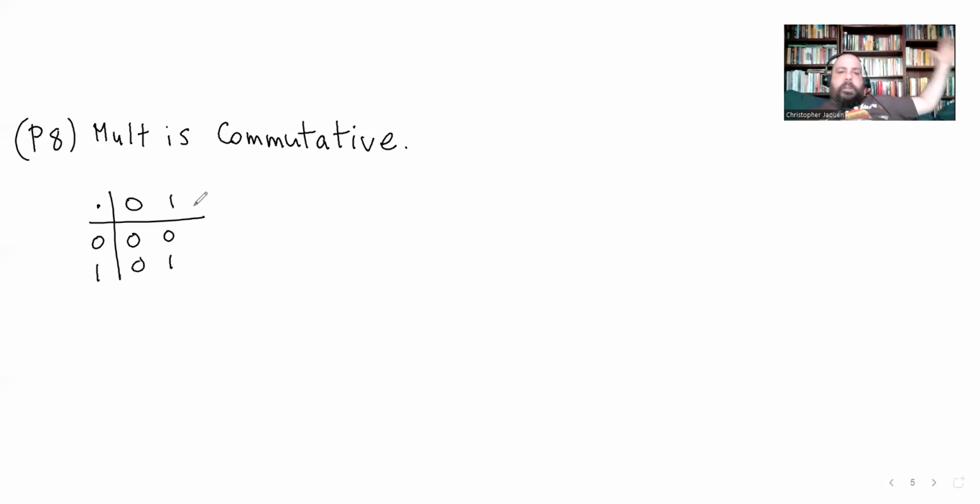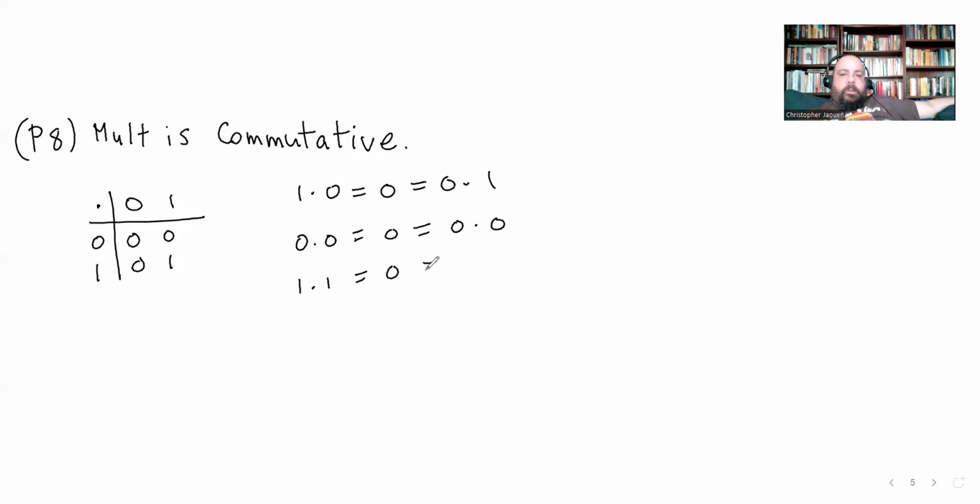But you could check 1 times 0 is 0, which is the same thing as 0 times 1. 0 times 0 is the same thing as 0 times 0, obviously. They're the same element. Same thing with 1 times 1. You don't really even have to check, but right, so that works.